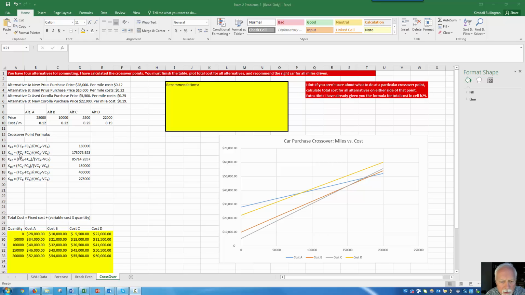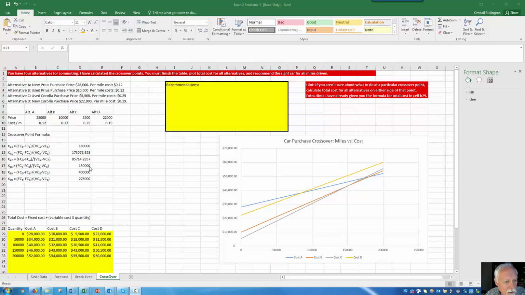The first time some alternative beats out alternative C. So A beats it out at 173,000, B beats it out at 150,000, and D doesn't beat it out until 275,000.